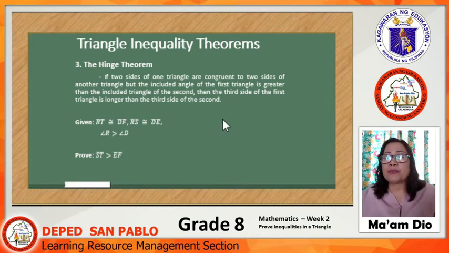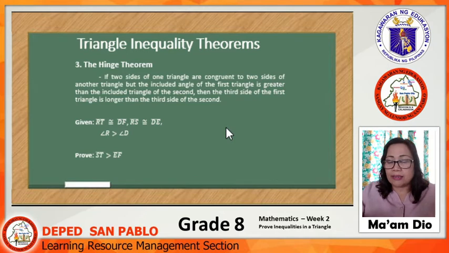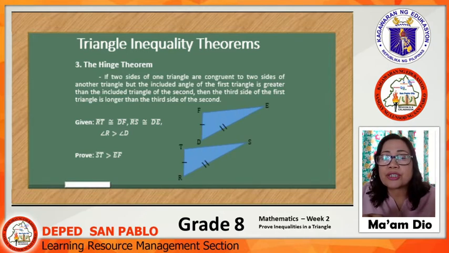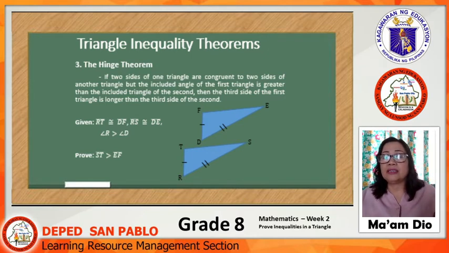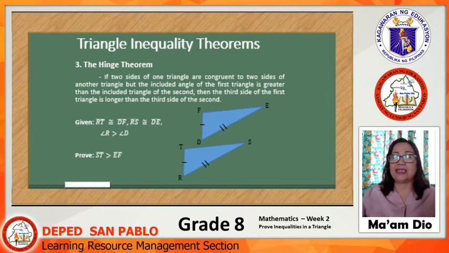Let us try to prove this by a given figure which states that we have two triangles, triangle FDE and triangle TRS. It says RT is congruent to DF, RS is congruent to DE, and angle R is greater than angle D. Now we have to prove that side ST is greater than side EF.